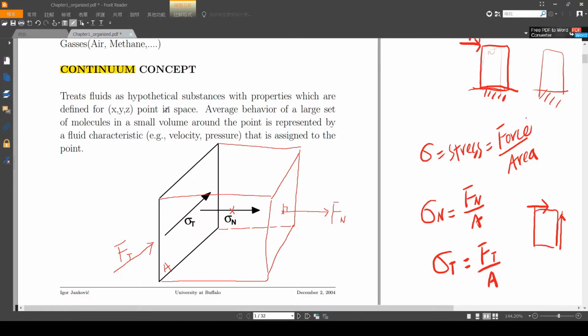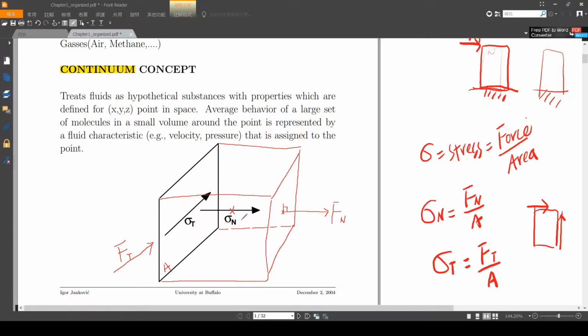Then in space, the location will be denoted by XYZ. We average the behaviors of all the surrounding fluid molecules in this cube, and all the representative fluid characteristics, like the velocity, the pressure, and the temperature, will be assigned to this point.